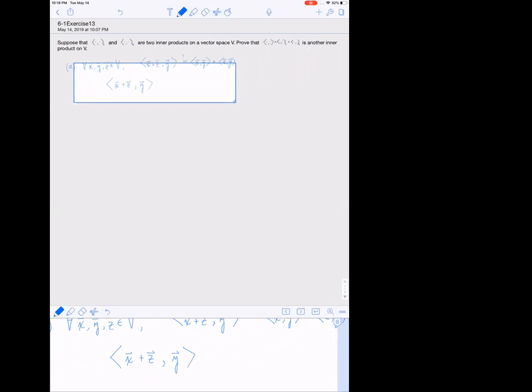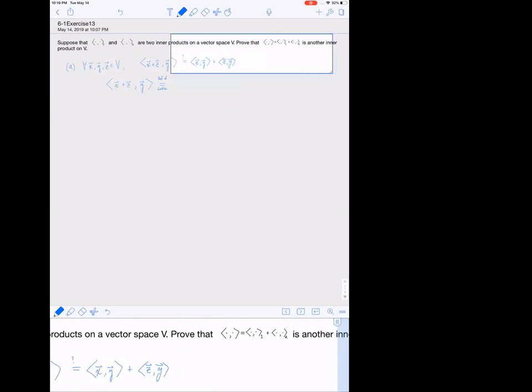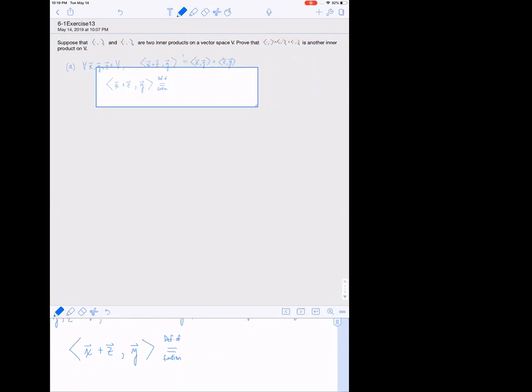And now let's use the definition of this function. Well, by definition, the function just uses the two actual inner products. So I'm going to use the inner product with subscript 1.